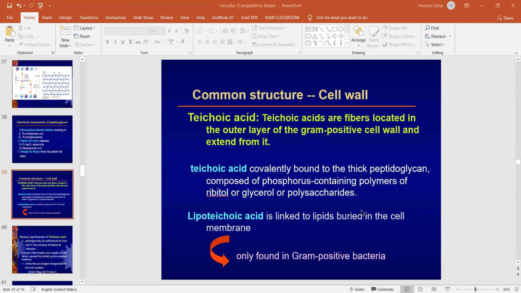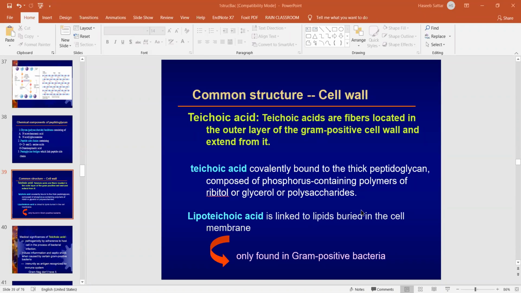Because they are present on the surface of cells, some of these fibers are on the surface, but some of the fibers penetrate and attach to the cell membrane or cytoplasmic membrane with a covalent bond.